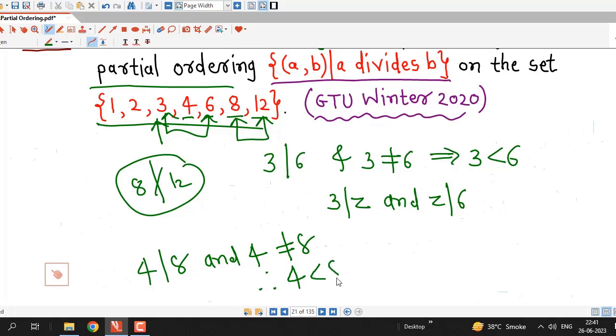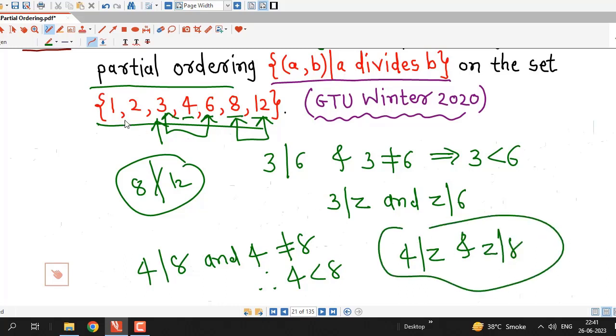Therefore 4 is less than 8, and there is no z between 4 and 8 such that 4 divides z and z divides 8. If I consider z equal to 12, then 4 divides 12, but 12 cannot divide 8.